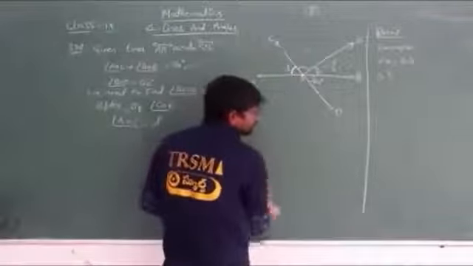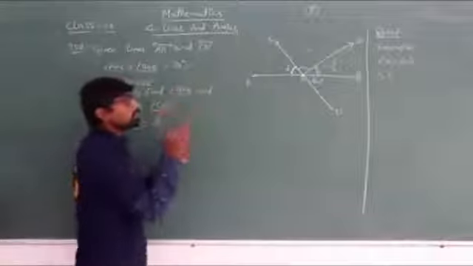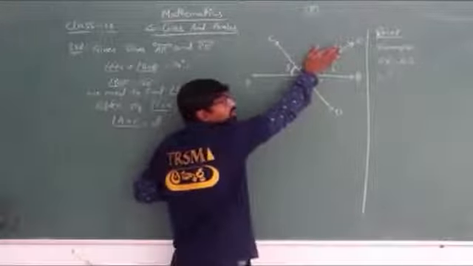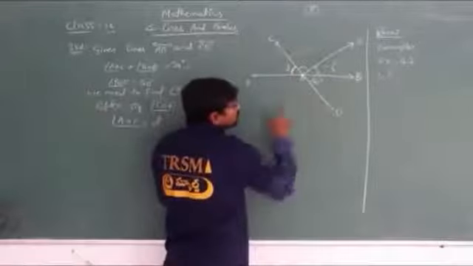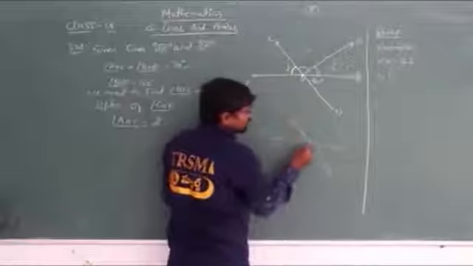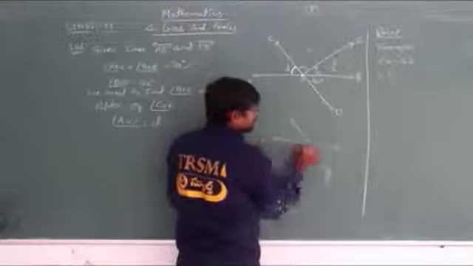Now coming to the solution. You can see clearly from the diagram, if I remove this OE, you will get these two lines. This is point O, and here it is CD, and here it is AB.